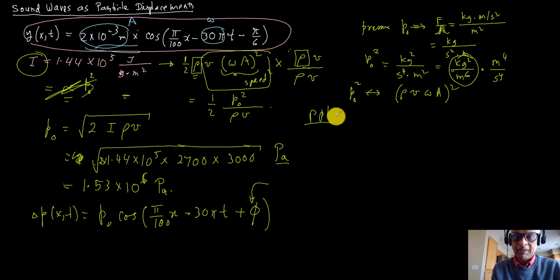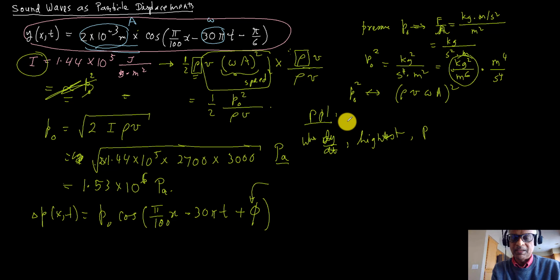So the principle will be where the V of the particle, where dy/dt is highest, is where this is highest pressure.